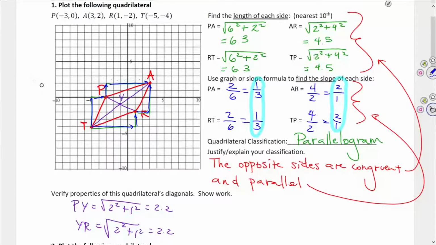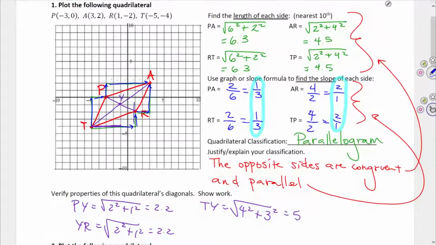And I have for TY the square root of 4 squared plus 3 squared. 4 squared is 16 plus 3 squared is 9. 16 plus 9 is 25. The square root of 25 is 5.